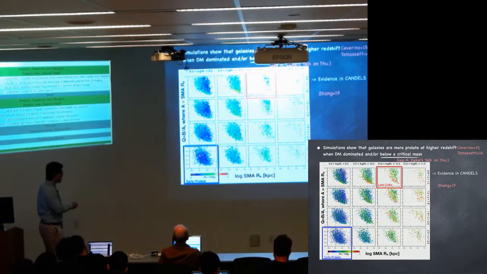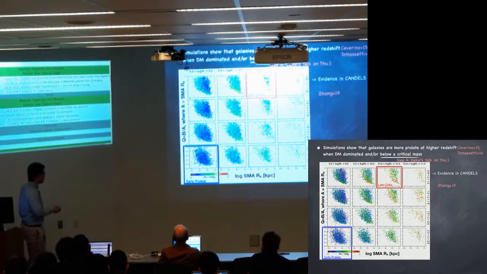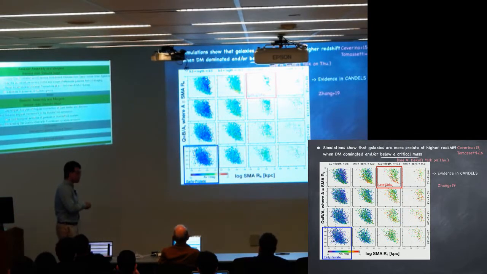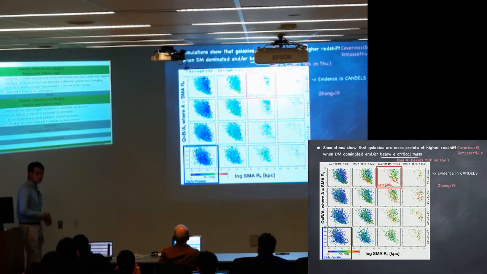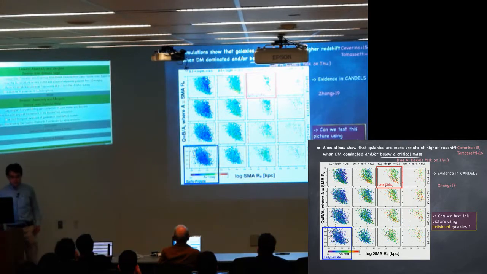And at early times and below this critical mass, which is around a stellar mass of 10 to the 10-ish, galaxies tend to populate the bottom left corner, which is where prolate systems would be. But this is in a statistical sense. Can we test this scenario for individual galaxies in large redshift surveys?